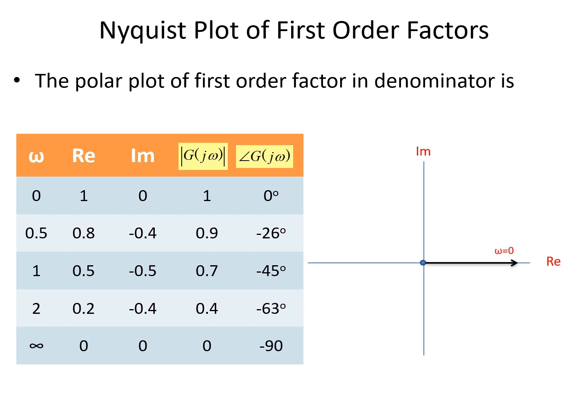Now similarly, the polar plot for a first order factor in the denominator will come like this, with real, imaginary, phase and magnitude values like this.